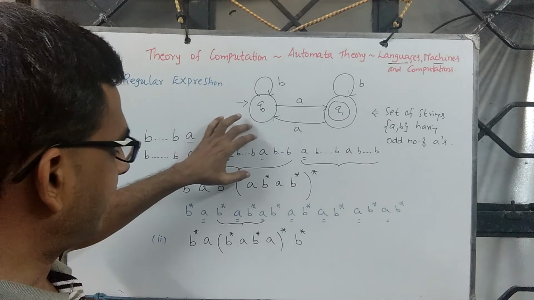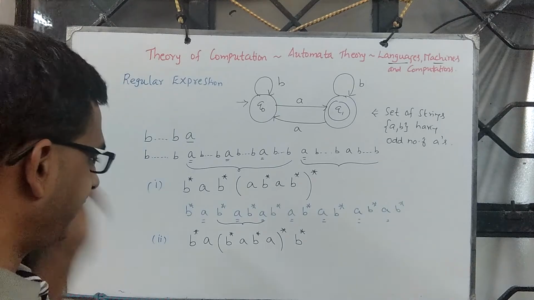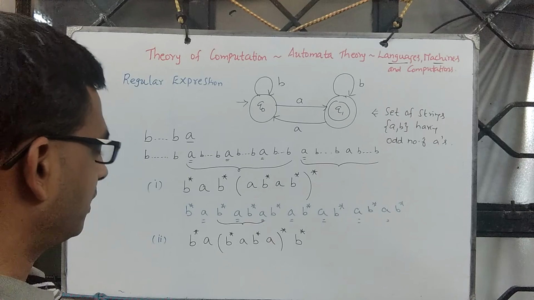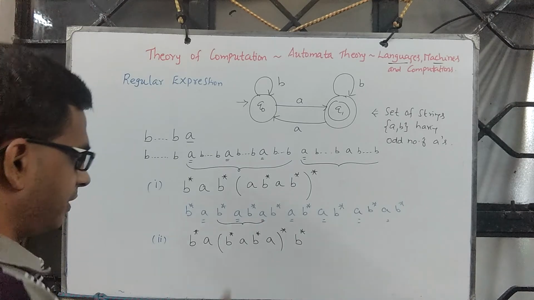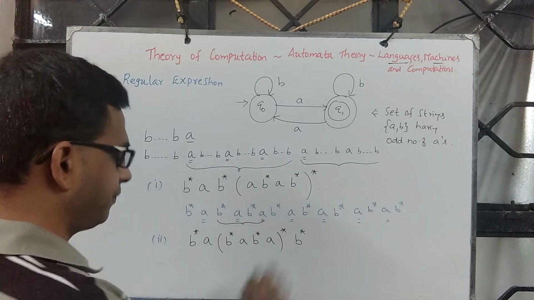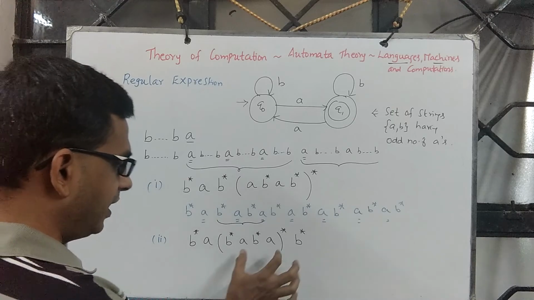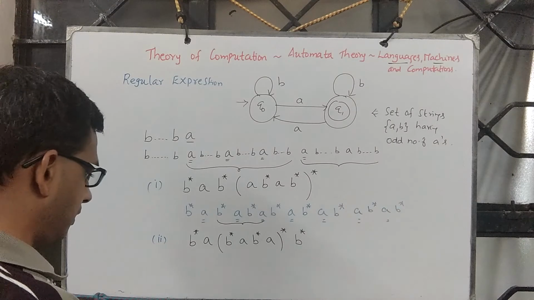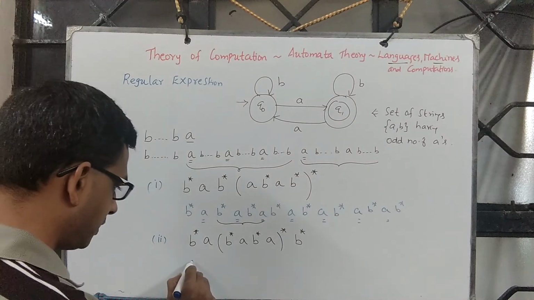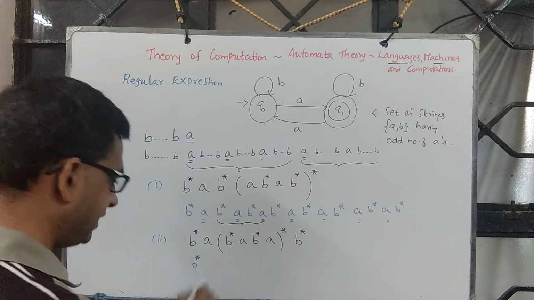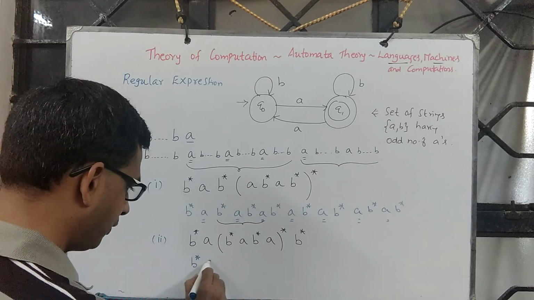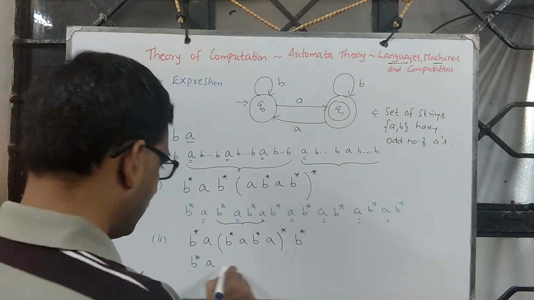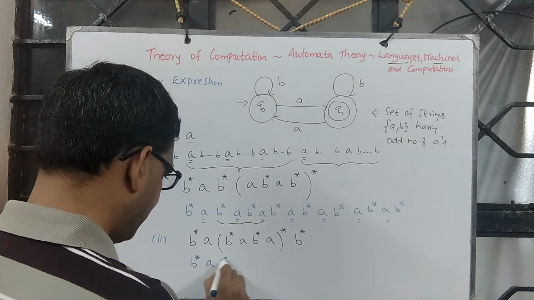And if you look at this carefully, at every stage, what is it that we are doing? Some sequence of B's or this pattern, correct? So which means you have B star followed by A, followed by say B star.